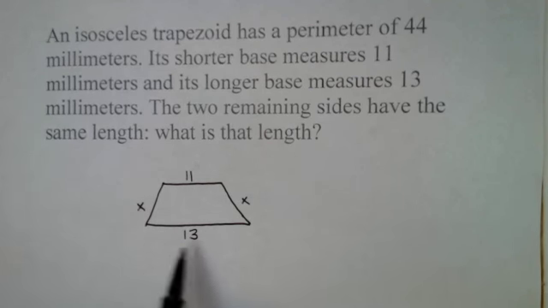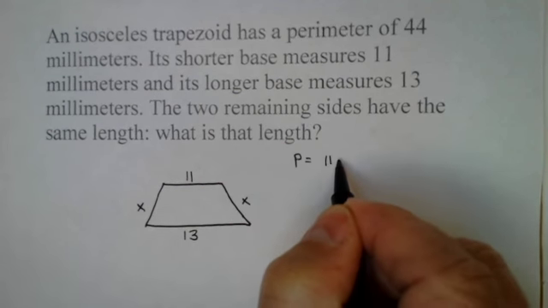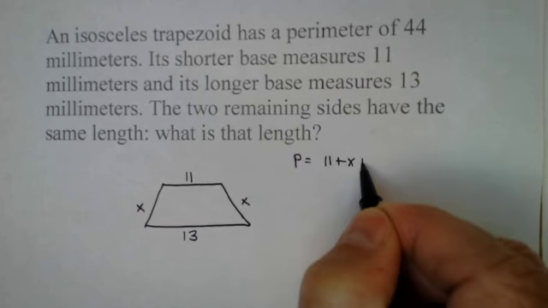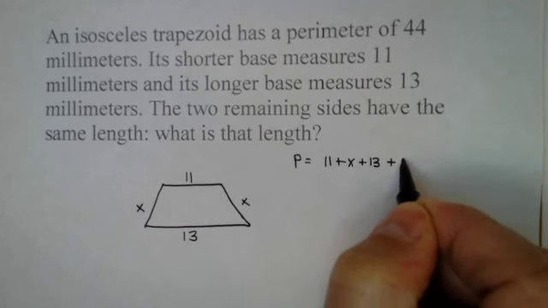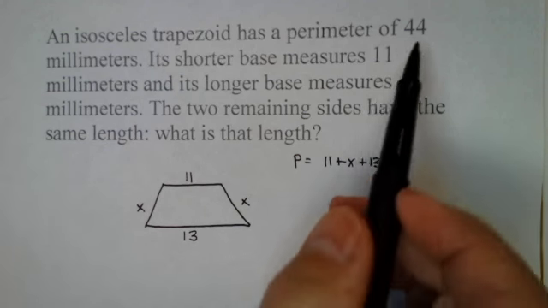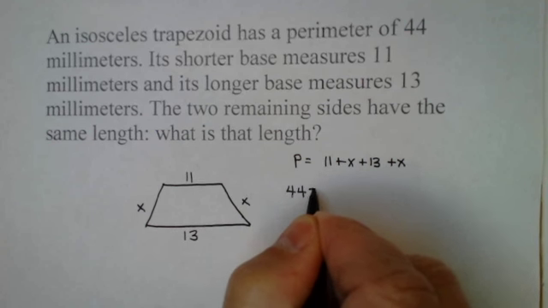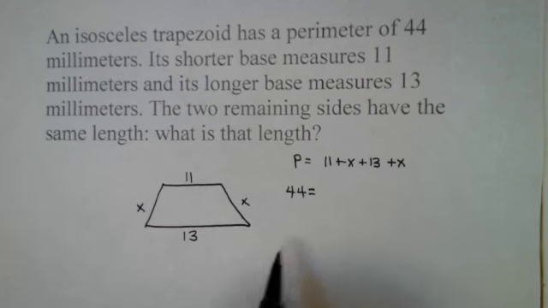Remember, to find the perimeter, I have to add all these up. So the perimeter is equal to 11 plus X plus 13 plus X. It told me what the perimeter is. It's 44 millimeters. I'm going to combine like terms over here.